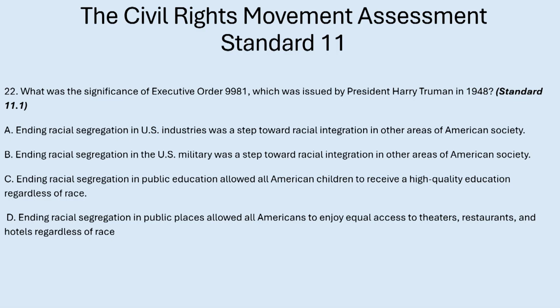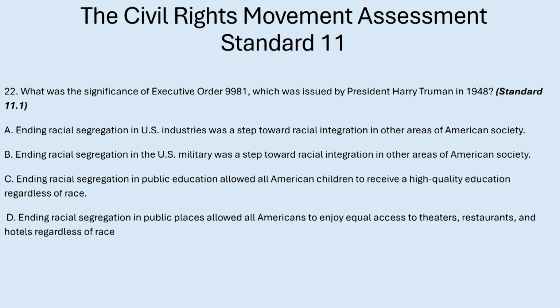What was the significance of Executive Order 9981, which was issued by President Harry Truman in 1948? A, ending racial segregation in United States industry was a step toward racial integration in other areas of American society. B, ending segregation of the U.S. military was a step toward racial integration in other areas of American society. C, ending racial segregation in public education allowed all American children to receive a high-quality education regardless of race.